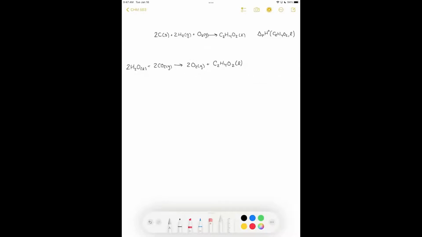But note this is simply the backwards version of a combustion reaction. If I take acetic acid and I take oxygen and combust those, I will get carbon dioxide and water. So this reaction here is simply the reverse of the combustion reaction.